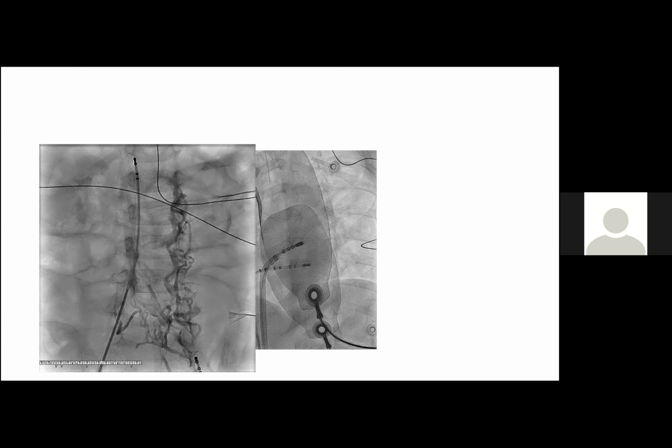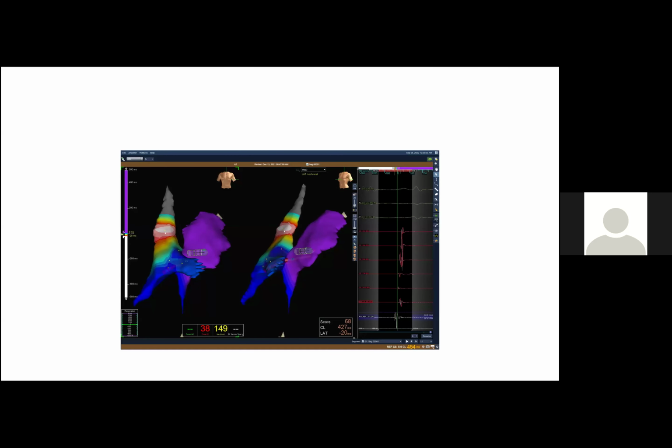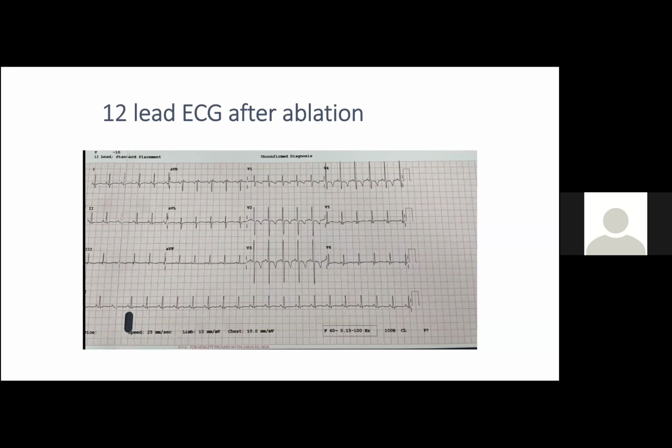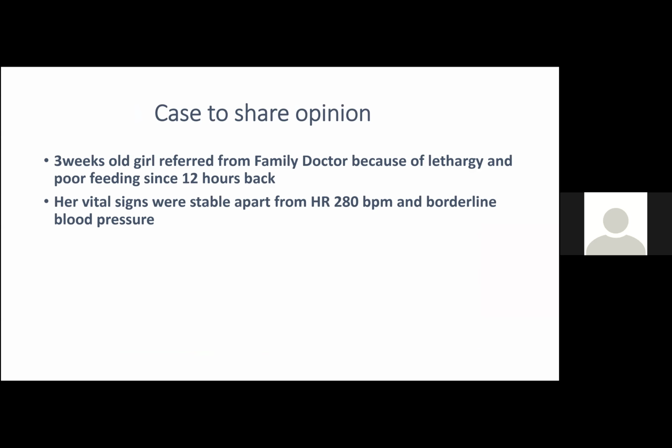And if you want a central line, maybe go for the internal jugular vein to reserve this one for future intervention. And luckily, we were able to find the focus on the left side with successful ablation, and the patient was discharged home without medication. This is his ECG, and he was discharged completely from the clinic later.